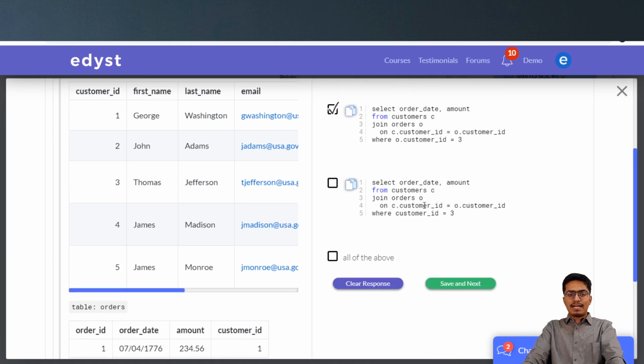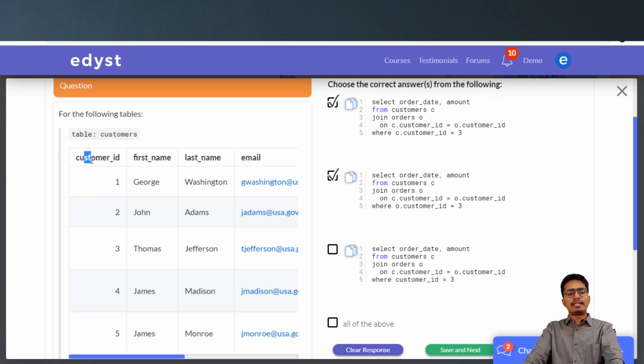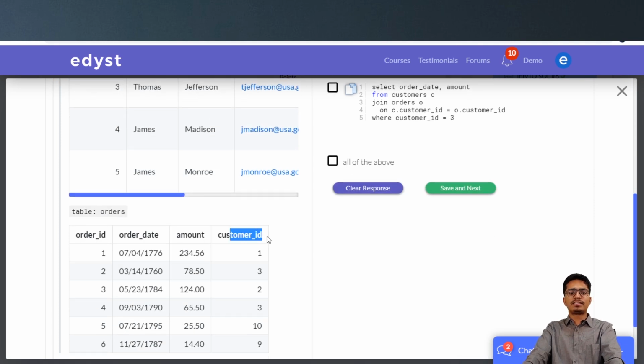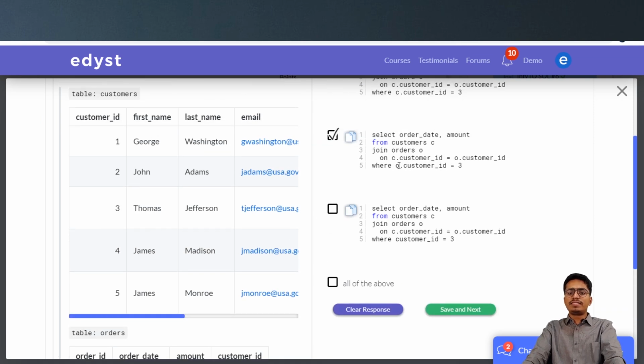This cannot be the answer because with customer ID equal to 3, SQL will not be able to understand which customer ID you are referring to. The trick here is you have a customer ID column in the customers table. You also have a customer ID column in the orders table. Now, even though you said, hey, join on the customer ID column, SQL is not smart enough to understand that customer ID in one table should mean the same in the other table. It doesn't understand that.